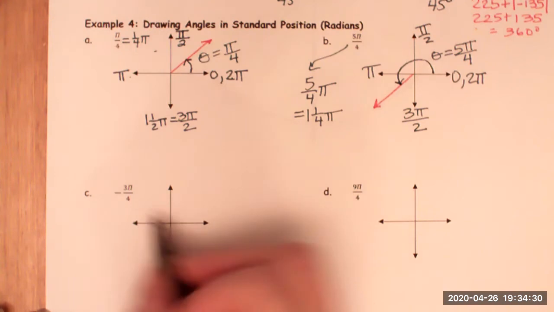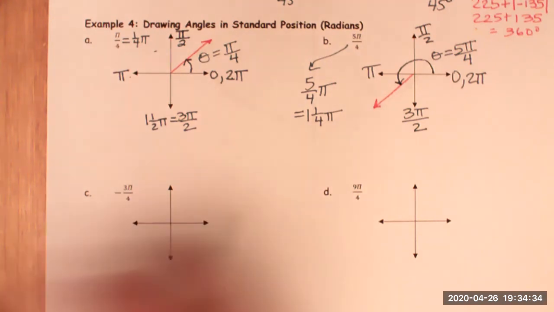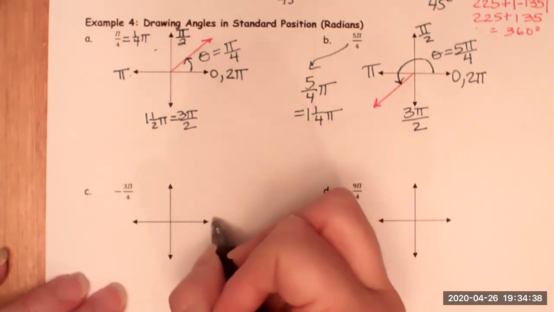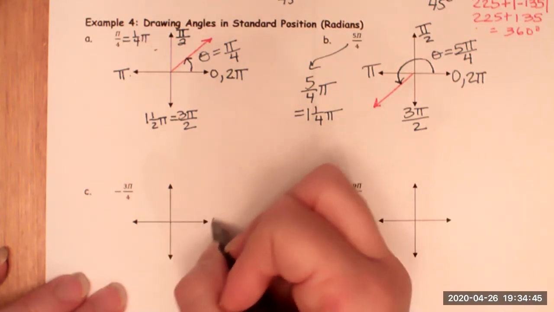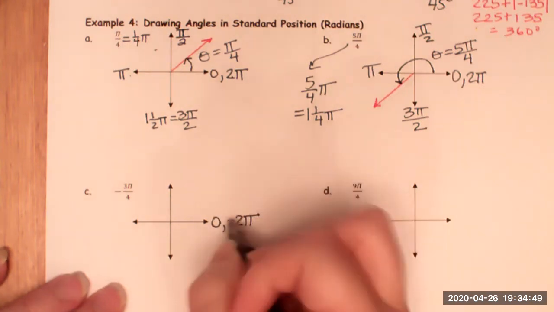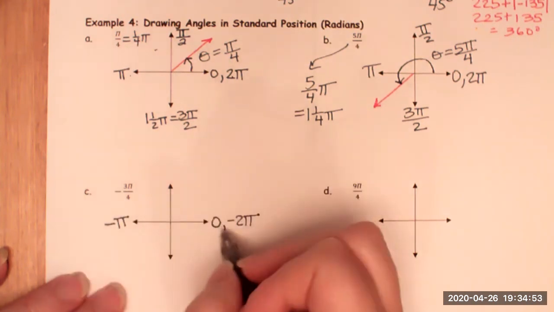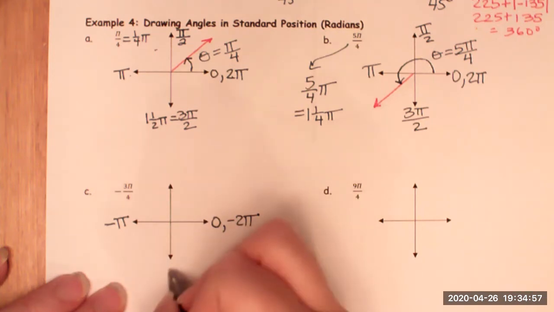Okay, so here we've got negative radians. So I'm going to do what I did before with negative degrees, and going in a clockwise direction, I'm going to label negative. So we know this is 0 and negative 2 pi. Wrapping halfway around, we'd be at negative pi. And half of the distance to pi would be 1/2 of pi, or pi over 2.